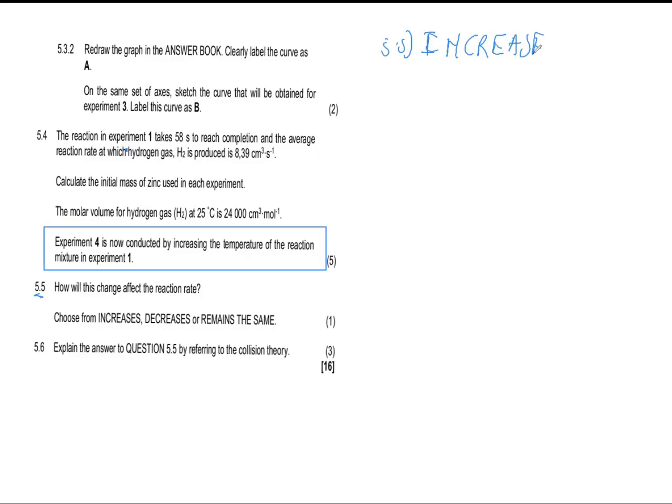And then how do we explain that according to collision theory? So this is how you go about with your collision theory.